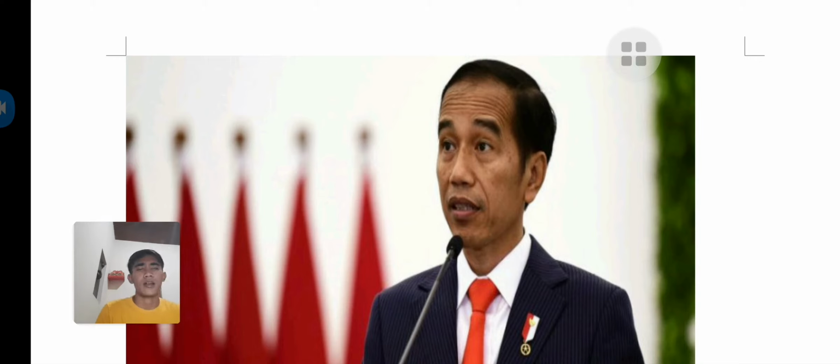This is a famous person in our country, Indonesia. This is the president of Indonesia. This is Jokowi. Okay, let's move to the next picture.